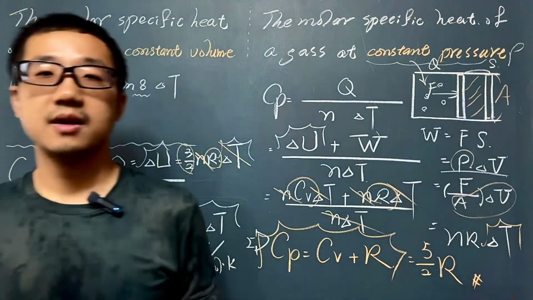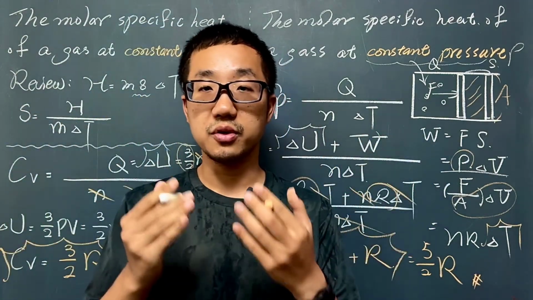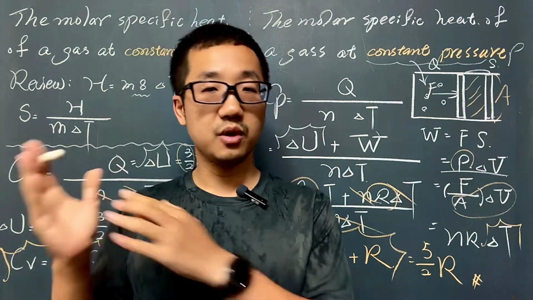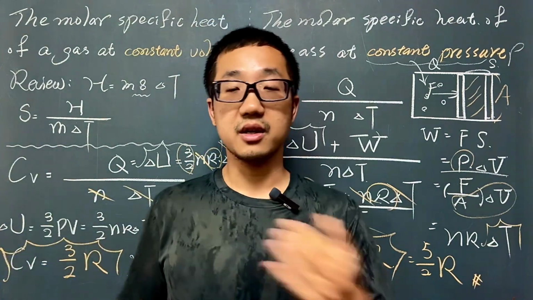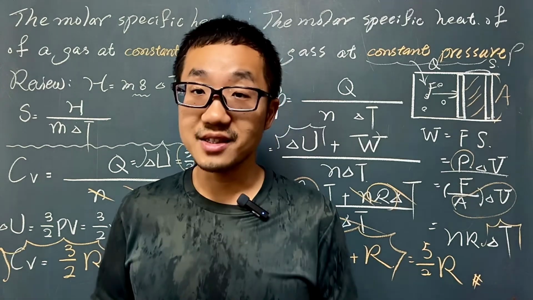But it should be noticed, all of this I only introduced you the concept of molar specific heat at constant volume and at constant pressure, but they are only suitable for monatomic gas.